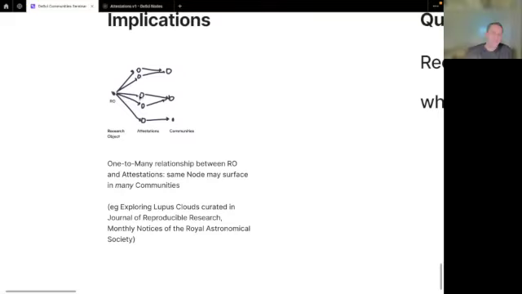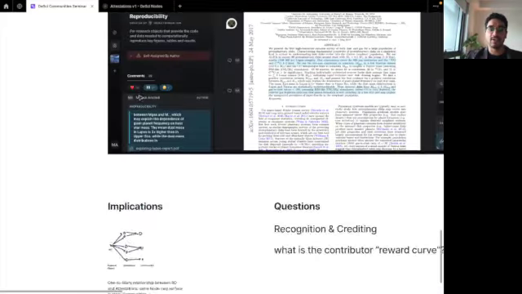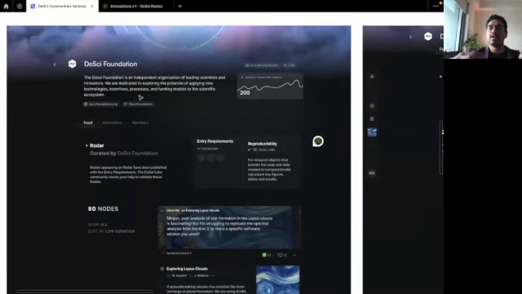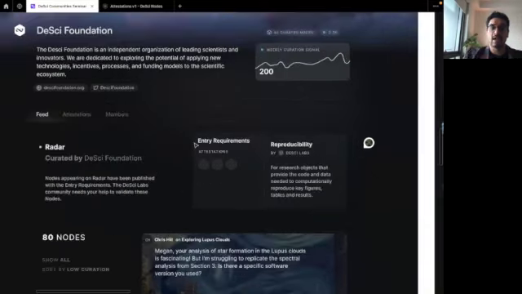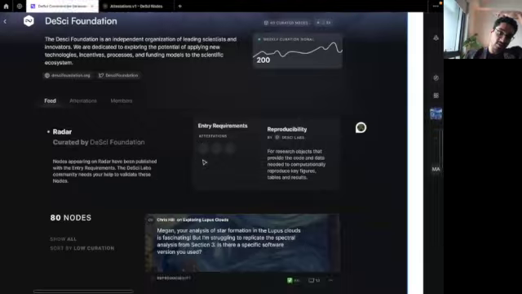But with the incremental publishing model around research objects, you can pick attestations from all over. And going back to the entry requirements, you could also orient your research process around earning a community's attestations.